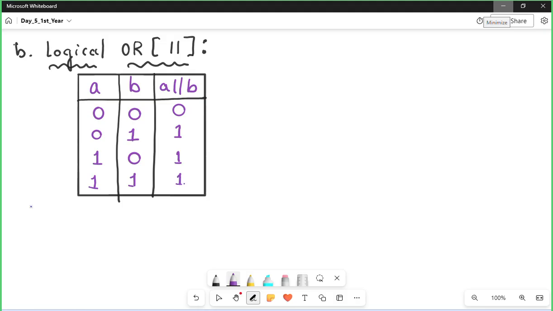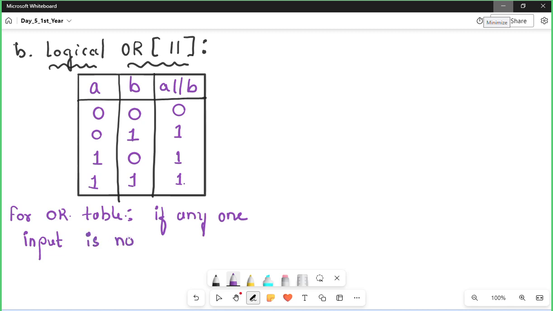So for the logical OR table, if any one input is non-zero, then the output is true.